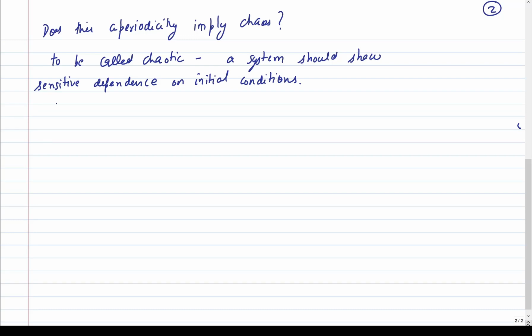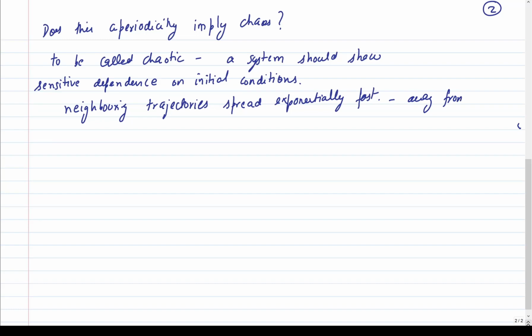Neighboring trajectories, by trajectory I mean it can be a map where the trajectory is a set of discrete points, or a flow where the trajectory is continuous, but neighboring trajectories spread exponentially fast away from each other, initially.